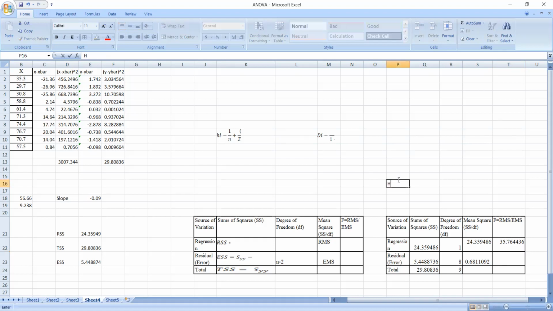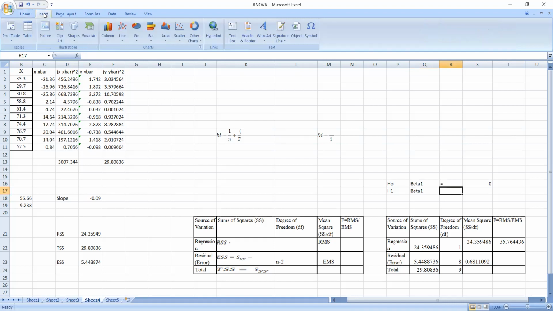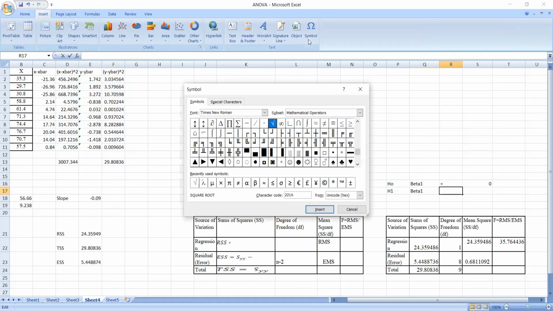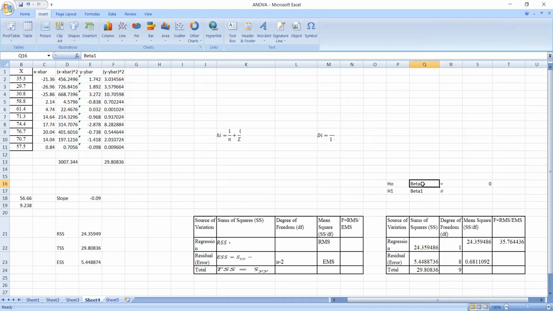So I will write here, in this case also, we are testing H naught, that is beta 1 equal to 0, and here H1 is, we are testing whether beta 1 is not equal to 0. We can take beta 1 also from here.